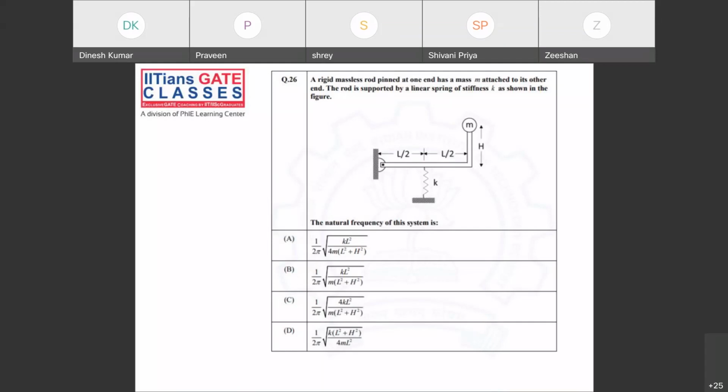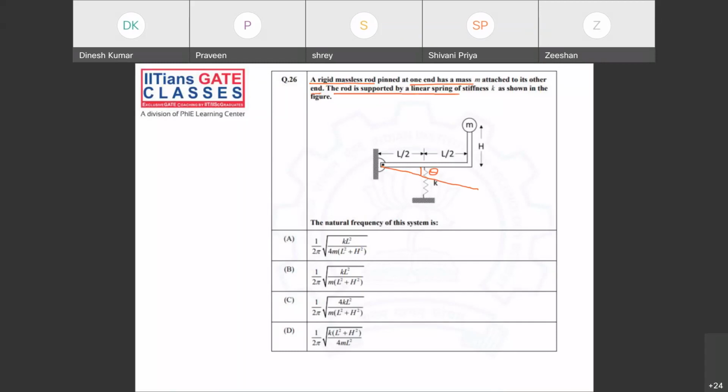So suppose at any point of time my system is oscillating about this point and it is in this position. Suppose this angle is theta. You can read this question first. What is given? A rigid massless rod pinned at one end has a mass m attached to its other end.